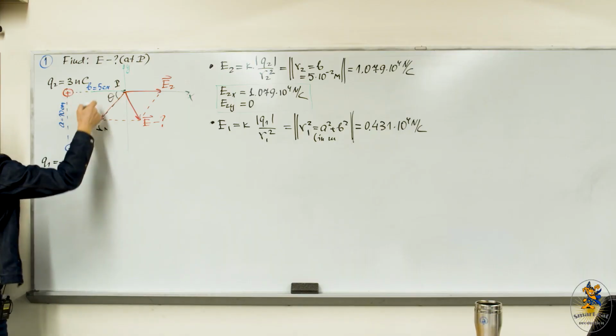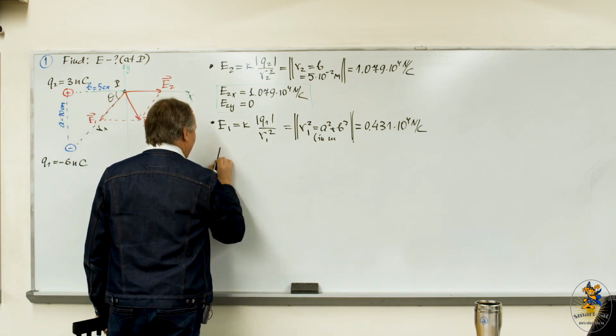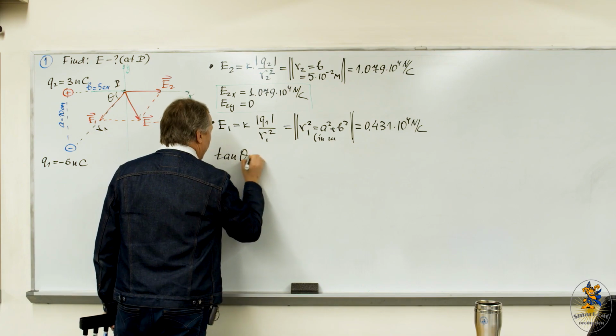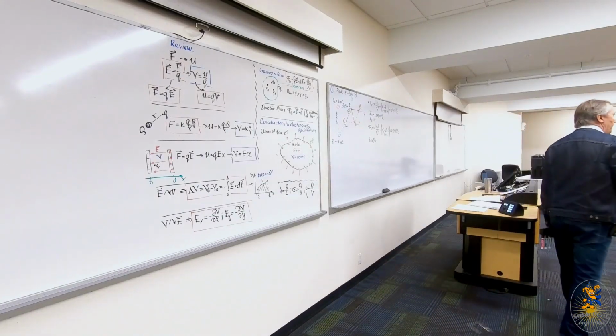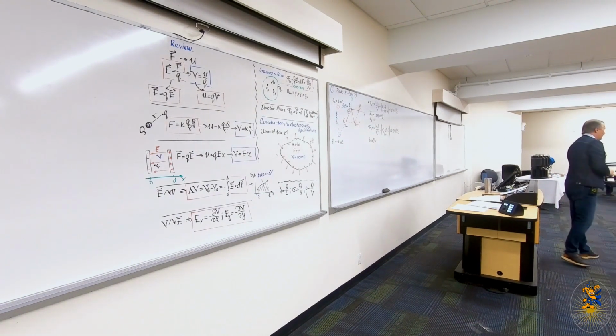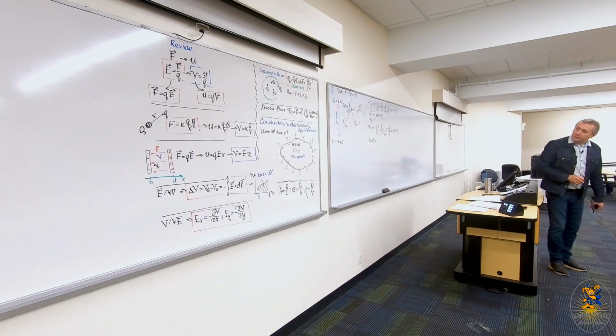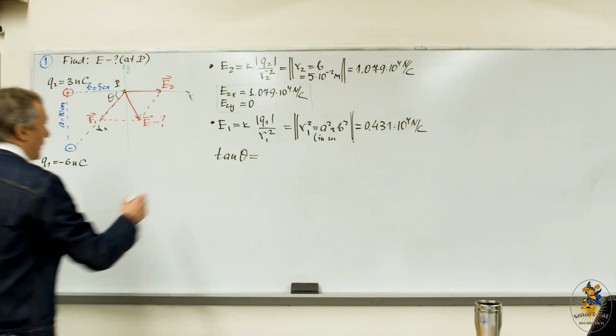So usually tangent is slightly more convenient. Tangent of theta equals, it's a ratio of what and what? Opposite versus adjacent, which is A over B.